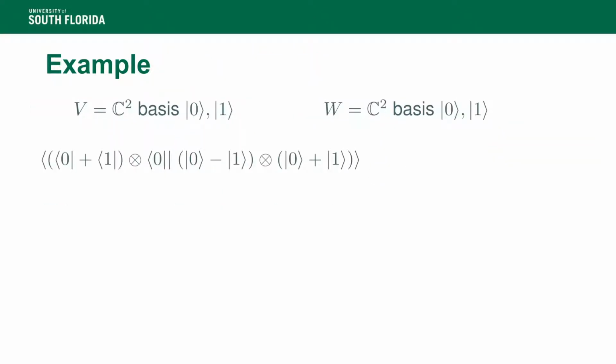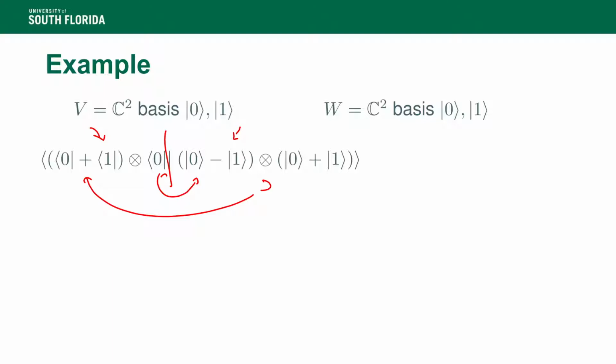So let's just work it out on an example. Here, what we're asking for is the inner product between this part here and this part here. And like I said before, these are pure tensors. So we've defined our inner product on pure tensors by saying that this is going to be the inner product between the elements that are here and the elements that are here.